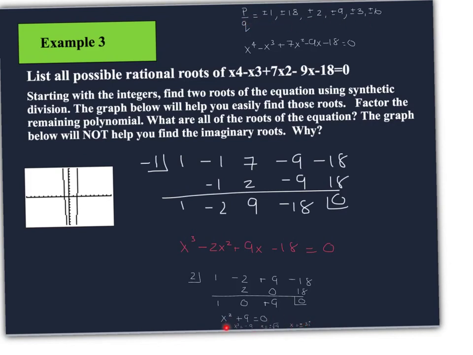Our imaginary ones will always have to be found through factoring, completing the square, or the quadratic formula. So the list of our solutions include -1, 2, and plus and minus 3i. So we have a complete set of 4 zeros from my 4th degree polynomial.